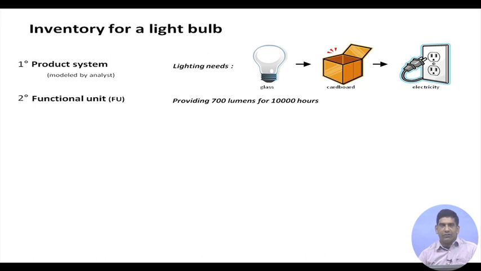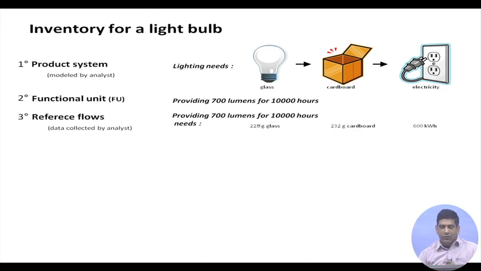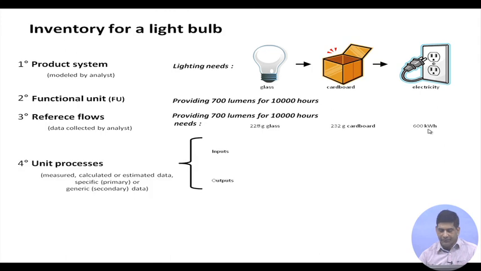So with that reference flow, for the incandescent bulb we need 10 bulbs, and to make 10 bulbs we need 228 grams of glass, 232 grams of cardboard, and 600 kilowatt hours of electricity.